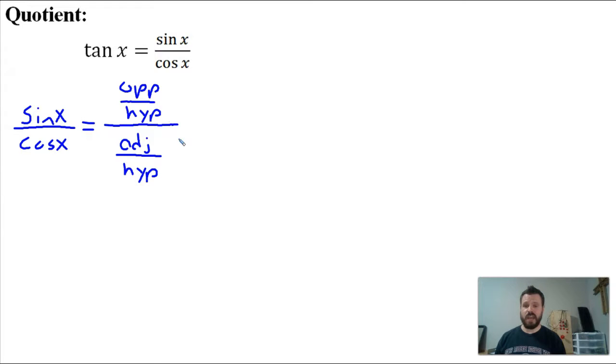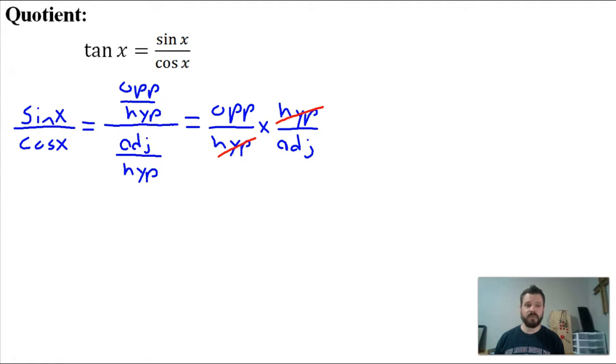So I'm dividing two fractions. Dividing fractions is the same thing as multiplying the first fraction, opposite over hypotenuse, times the reciprocal of the second fraction. So adjacent over hypotenuse flipped upside down will just be hypotenuse over adjacent. And in doing that, notice I have a hypotenuse on the denominator and numerator, so I can cancel those out.